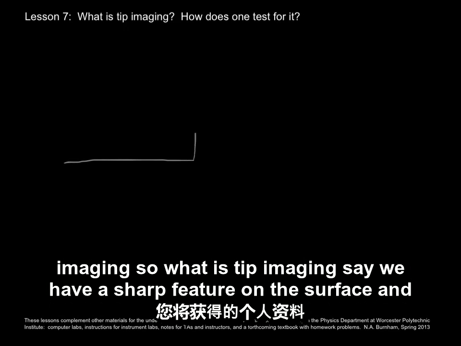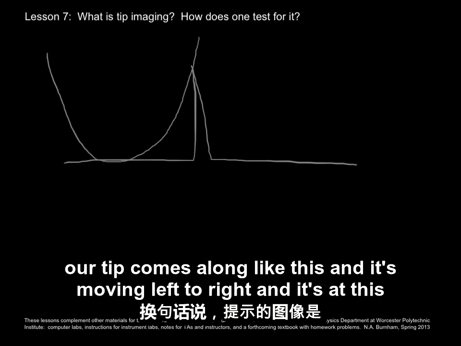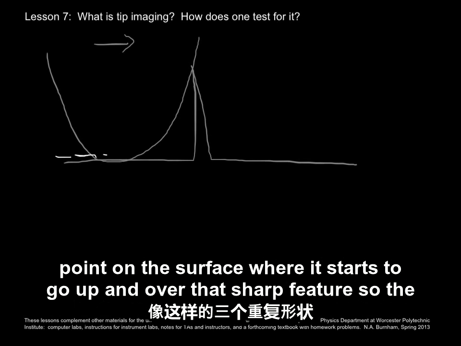Say we have a sharp feature on the surface, and our tip comes along like this, moving left to right. And it's at this point on the surface where it starts to go up and over that sharp feature.